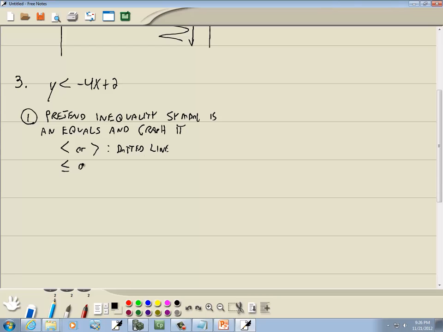If we have a less than or equal to or greater than or equal to, that's a solid line.